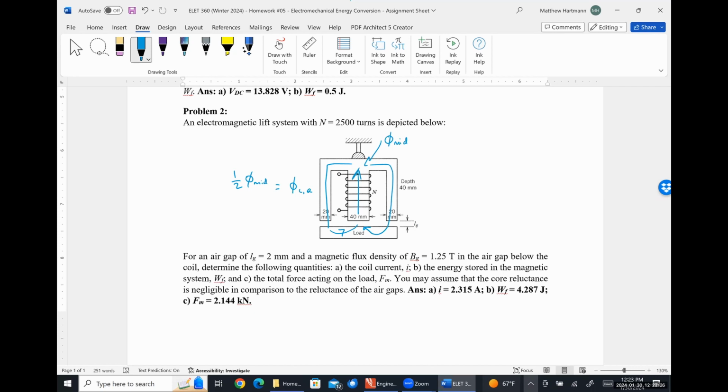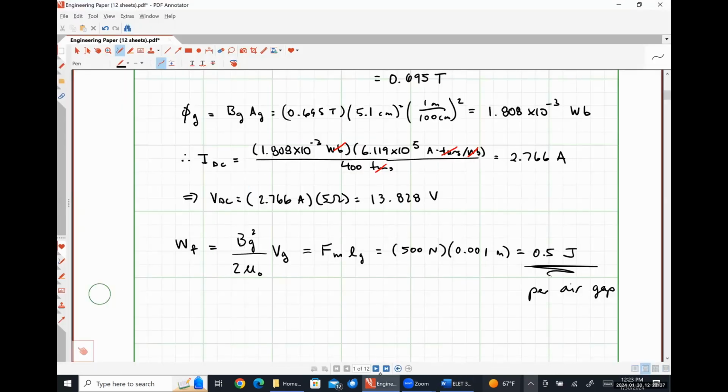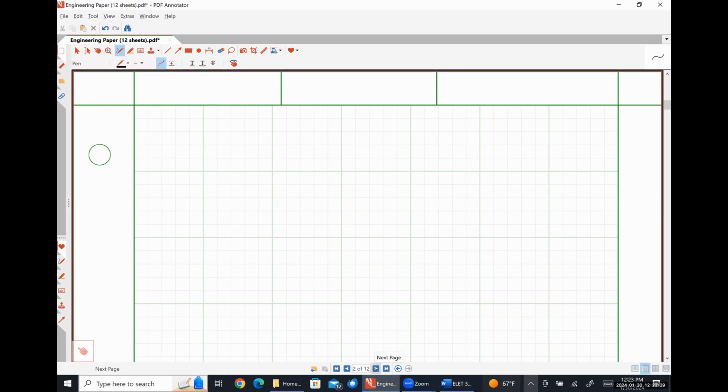All right, so let's look at this thing here. We're told, so this is homework number 5.2. Our number of turns is 2,500.